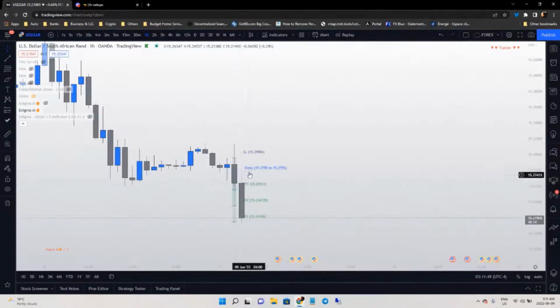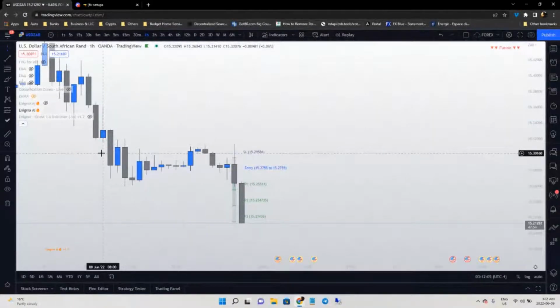You're able to enter the market at market execution or as a pending order. Depending exactly on where the structure of the market is, you just have to decide if you want to enter right away or enter at market execution.